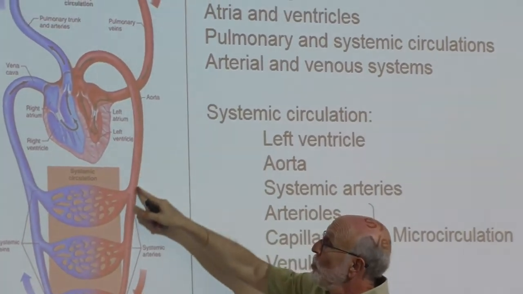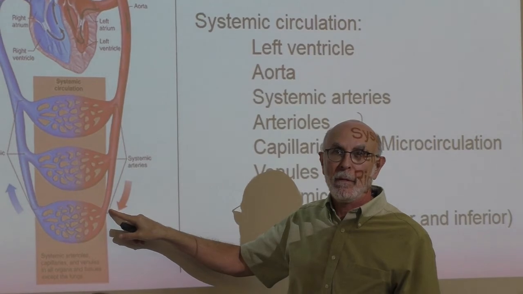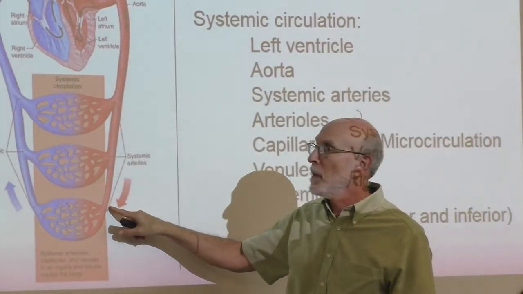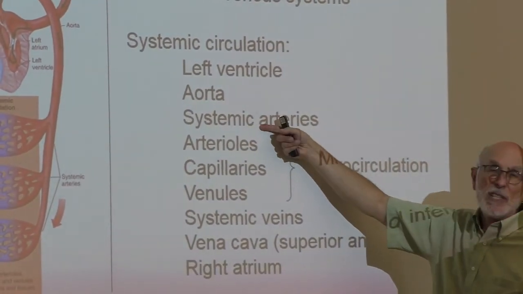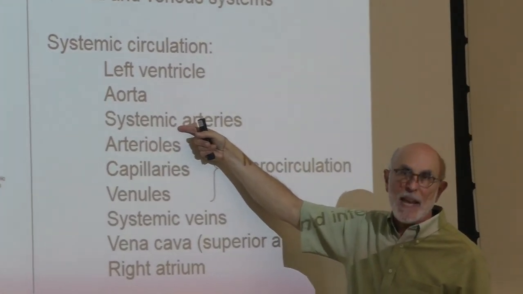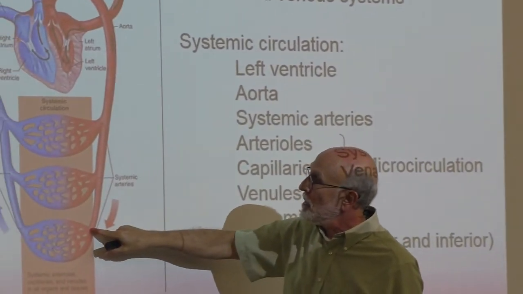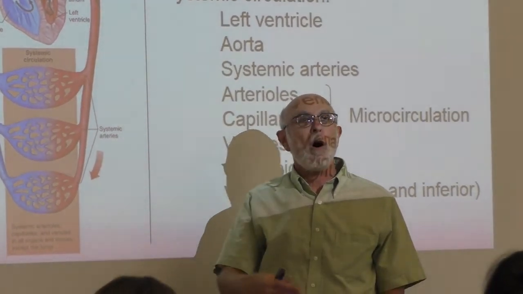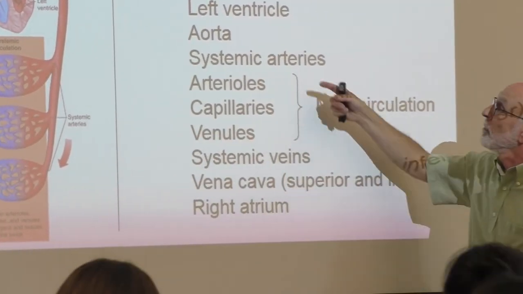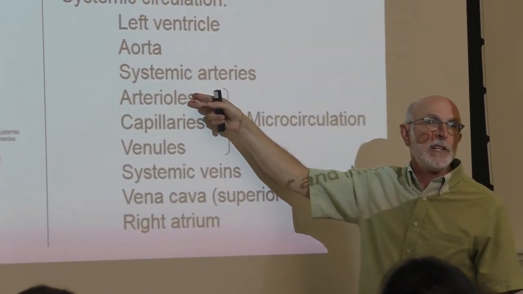The aorta is connected to major arteries, some of which you will learn the names of, but not all of them. So major systemic arteries, which have names, are connected to a network of smaller and smaller arteries, eventually getting into these little tiny things called arterioles.